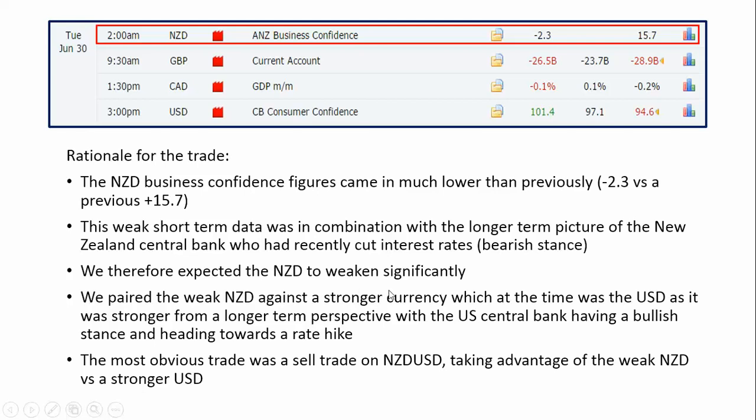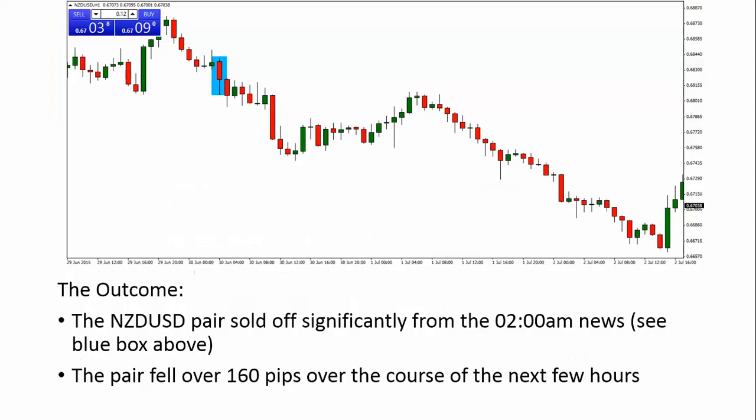The most obvious trade was a sell trade, because remember, the Kiwi is the base, the weaker currency, and the US dollar is the terms, the stronger currency, so we'd expect that pair to fall. So the most obvious trade was a sell trade on Kiwi dollar, taking full advantage of the weak Kiwi from this data point, against a stronger US dollar, which was the bigger picture, suggesting America is heading towards a rate hike.